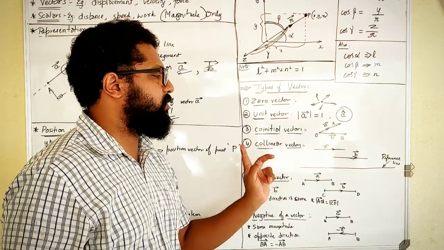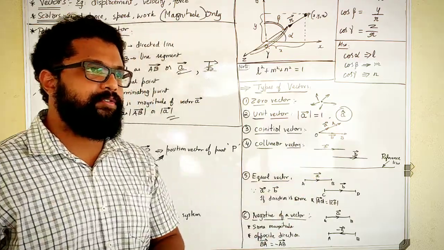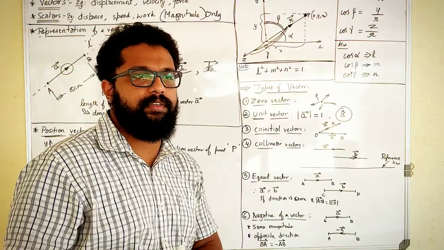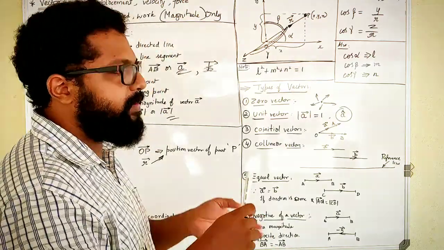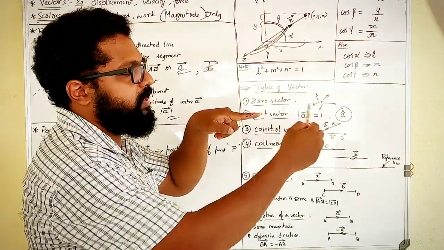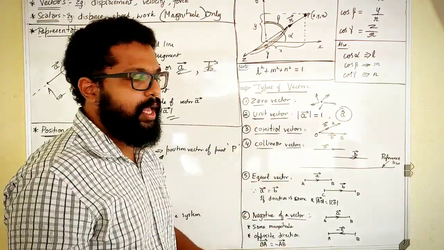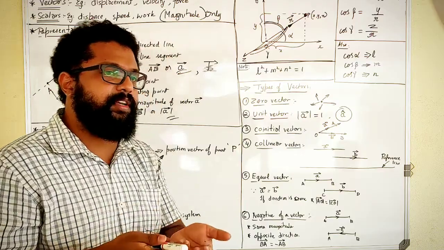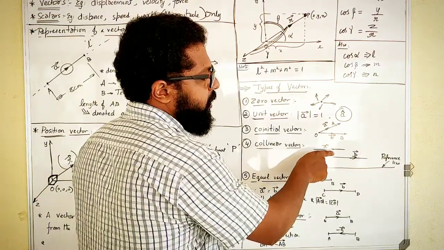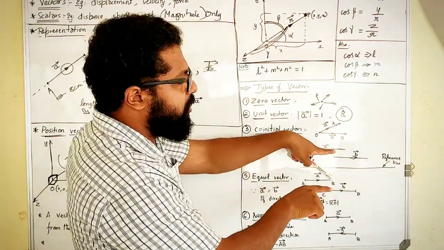Then collinear vectors. You need to understand this clearly. In the textbook, they have given that if two vectors are parallel to the same line, then such types of vectors are called collinear vectors. We have studied collinearity as points lying on the same straight line. But now there is a little change in the definition. If two vectors are parallel to the same line, this parallel means it need not be parallel to each other.